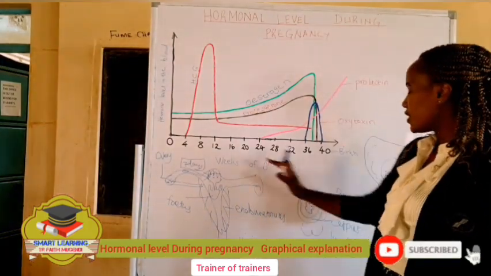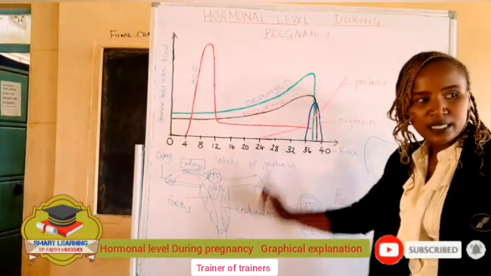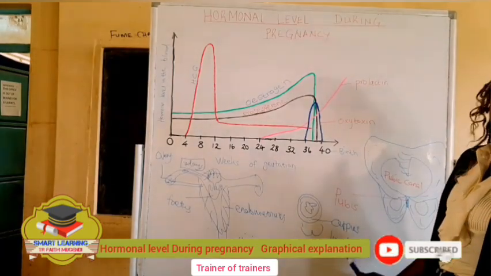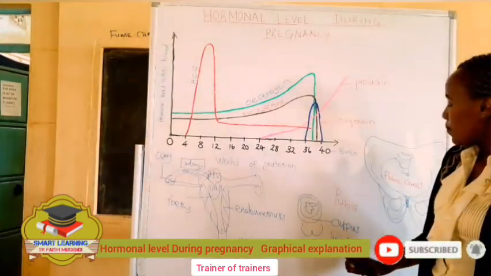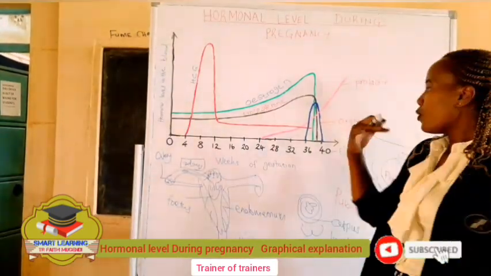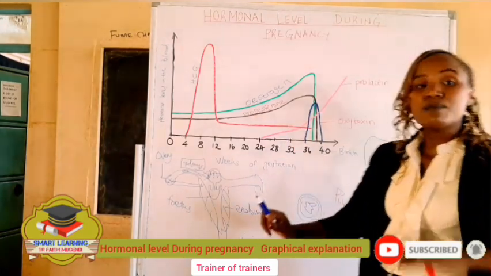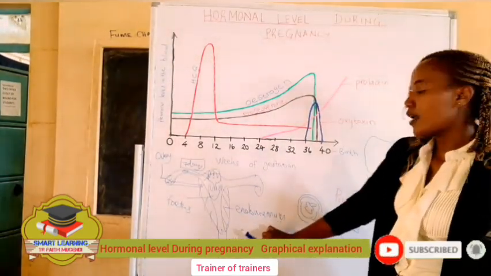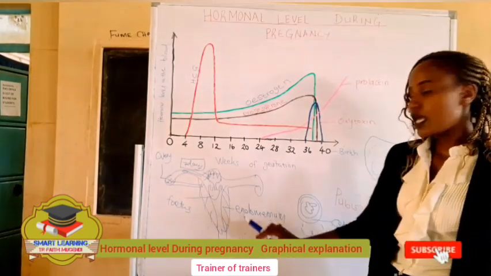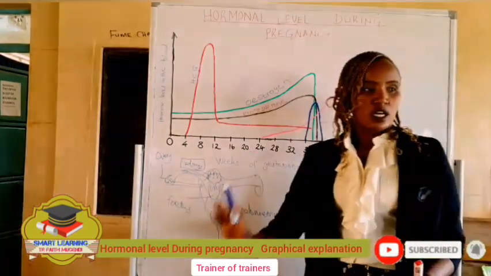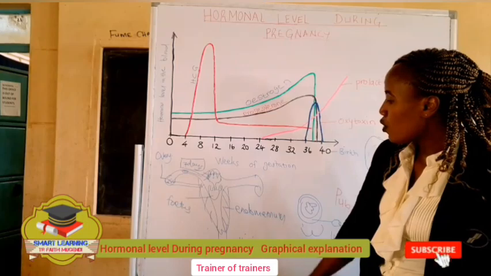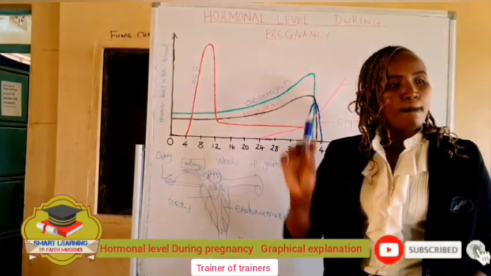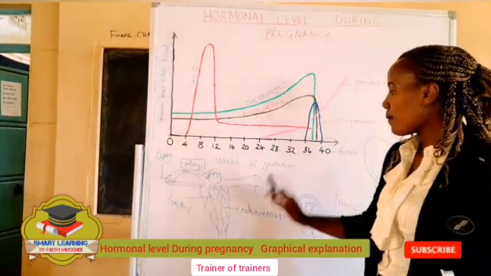And we have said that in the absence of the placenta, the corpus luteum takes the work of the placenta. I was saying that progesterone has many more roles apart from sustaining the endometrium. One of the roles is to prevent contraction of the uterine wall that will lead to a premature birth.